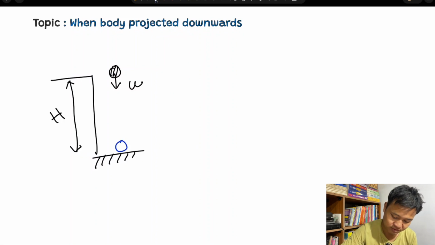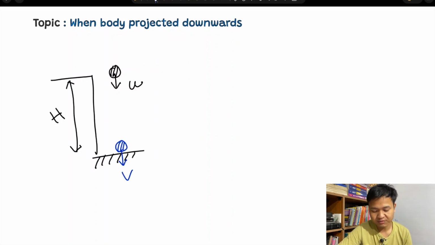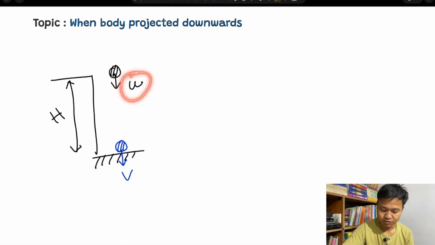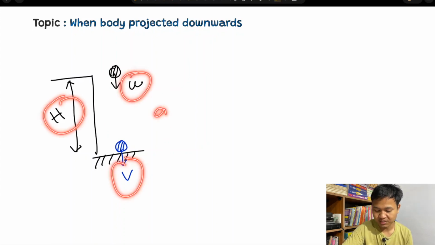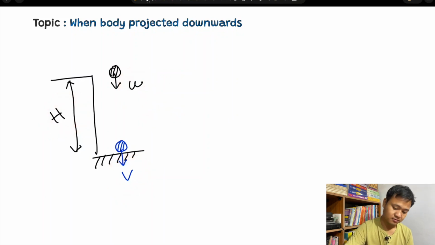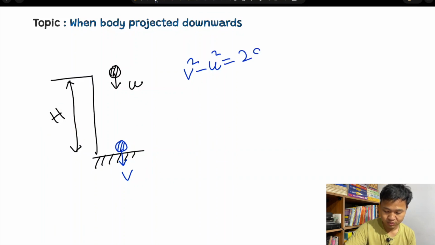Suppose let's say this is v. In this particular type of question, which formula do you have to apply? You know u, v, h and z. So that means you have to apply v square minus u square equals twice zh.